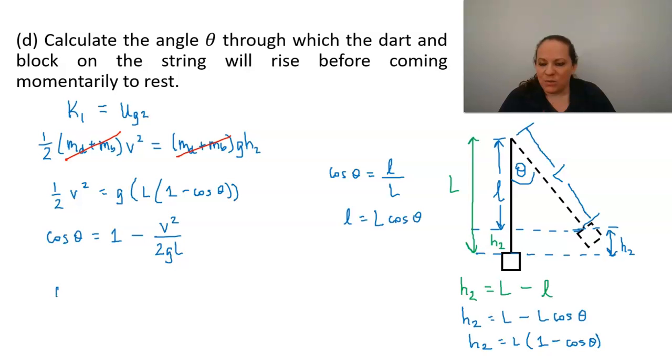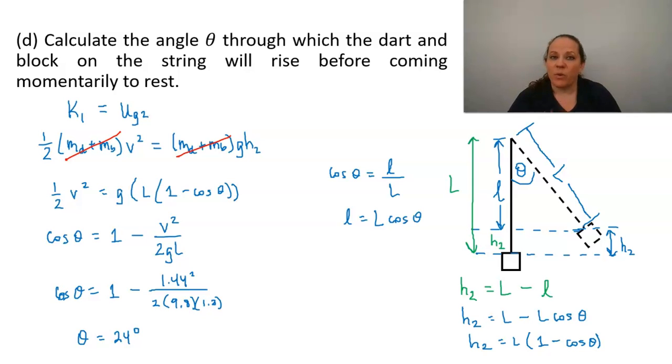Now I'm ready to substitute, and I'm going to get cosine theta equals 1 minus that 1.44 squared that we just saw in the previous part, over 2 times 9.8 times that 1.2 meter length of the string. And again, I'm not showing all of your algebraic steps here, but you will get an angle of 24 degrees.